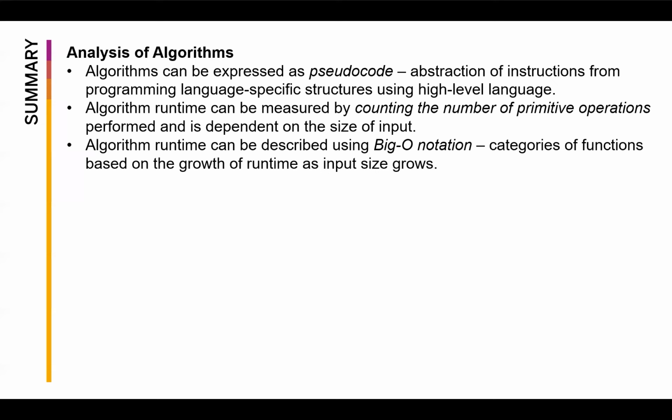All of these can be classified under a big O category. So let's say our runtime was 4n plus 2. That means it's an O of n category. Or in the case of our nested for loops, it's an n times n or n squared runtime, so it's an O of n squared big O notation.